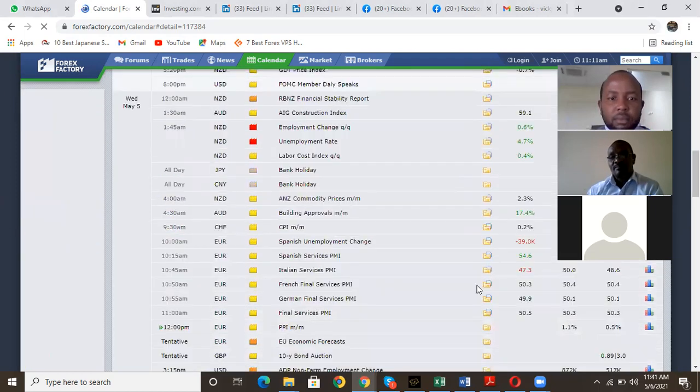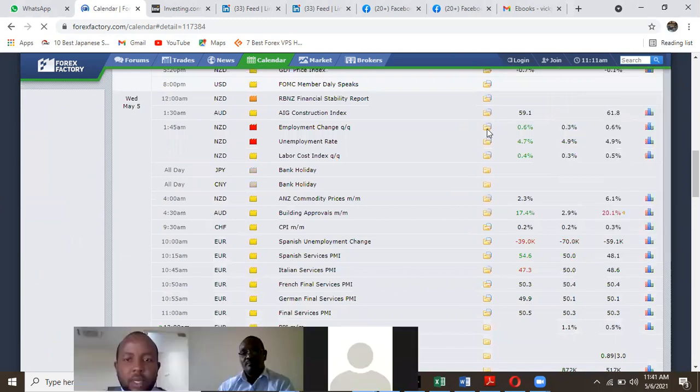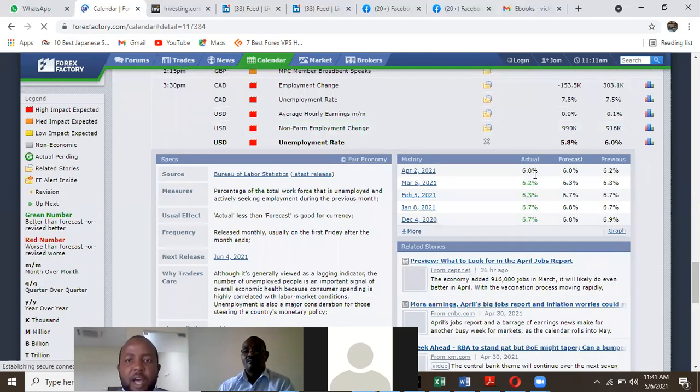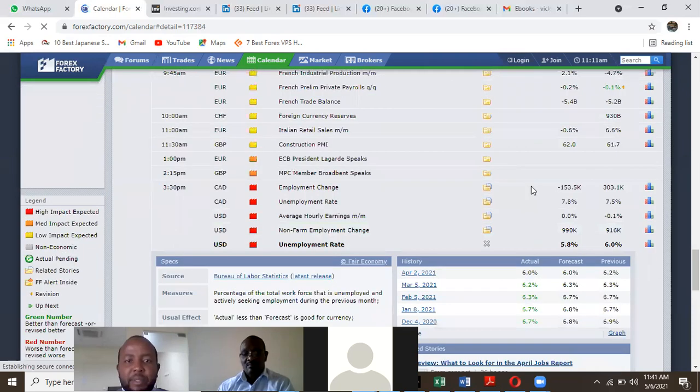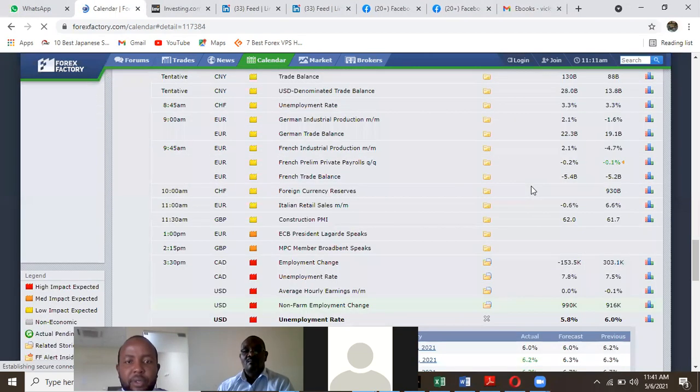This is the employment rate. Guys, pay attention. Employment change: you can see the previous was 0.6, forecast 0.3, and then the actual came to 0.6. That means this was good. No, this is for tomorrow. I'm looking at New Zealand.